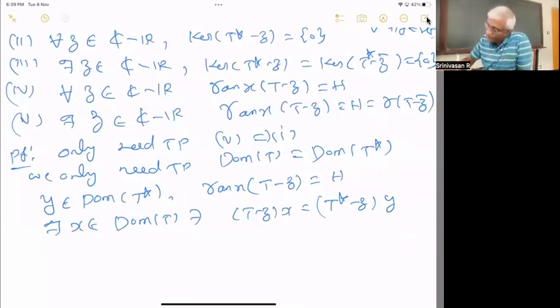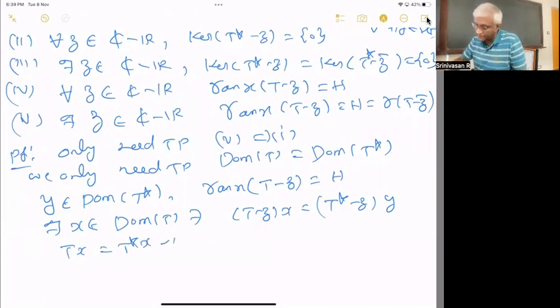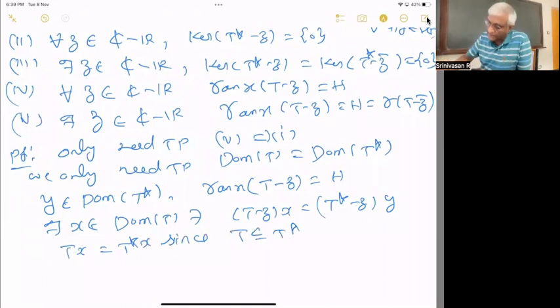Now the domain of T is contained in domain of T star, so Tx equals T star X, since T is contained in T star as operators.